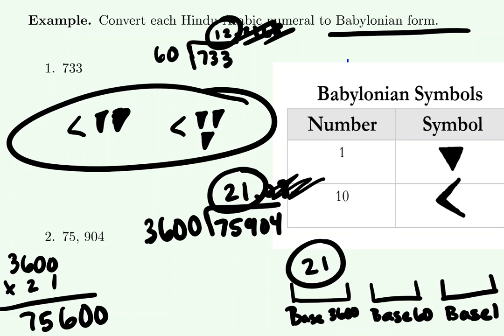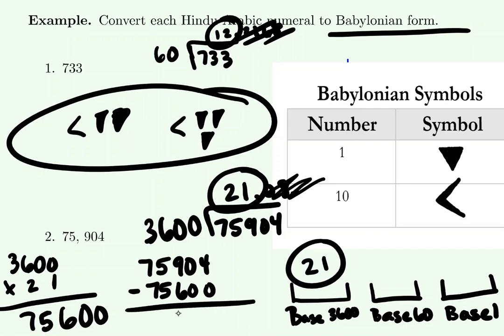We need to figure out how much is remaining to be accounted for. This is all work done off to the side. You would take the original number and subtract out what we've accounted for with this base. We need to account for 304 remaining. Definitely feel free to do this in your calculator just to make sure there's no error.